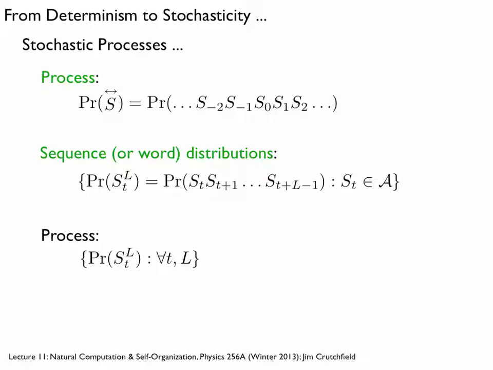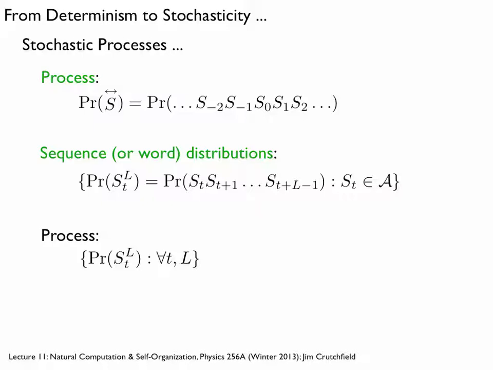I specify the probability of the length 1 words, the length 2 words, the length 3 words, the length 4 words, and so on, off to infinity. So that's another way to specify a process. Also unwieldy. There you have it. So think of this as the raw data.